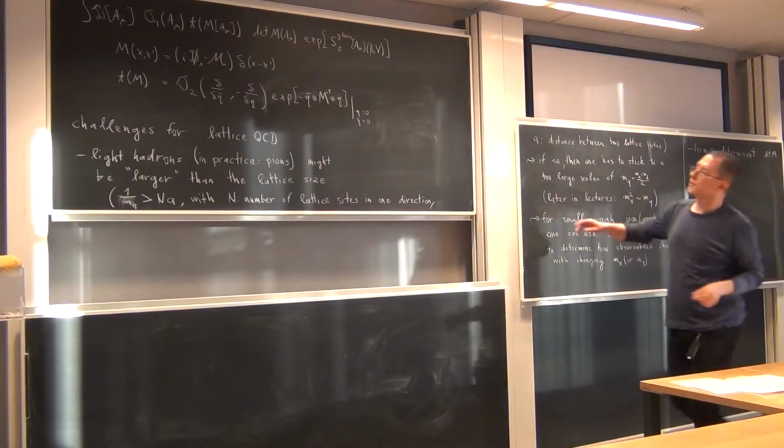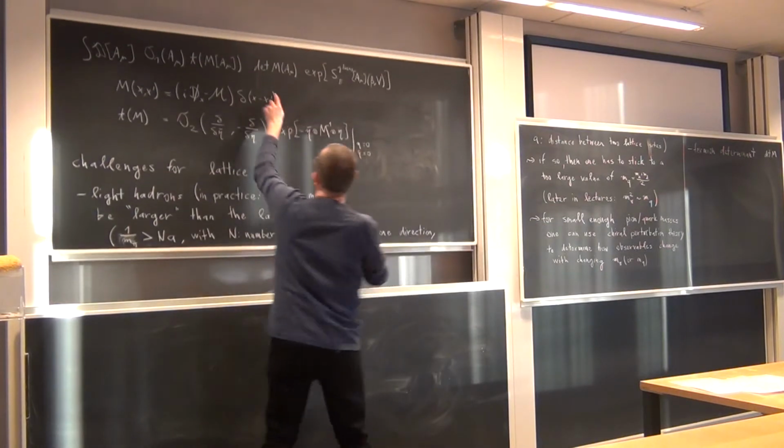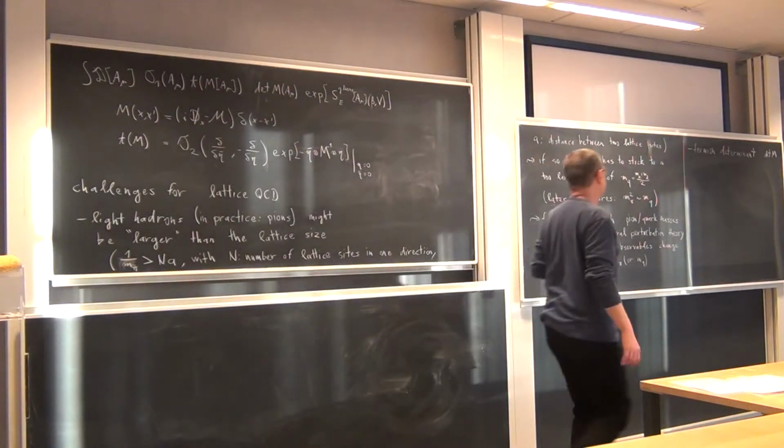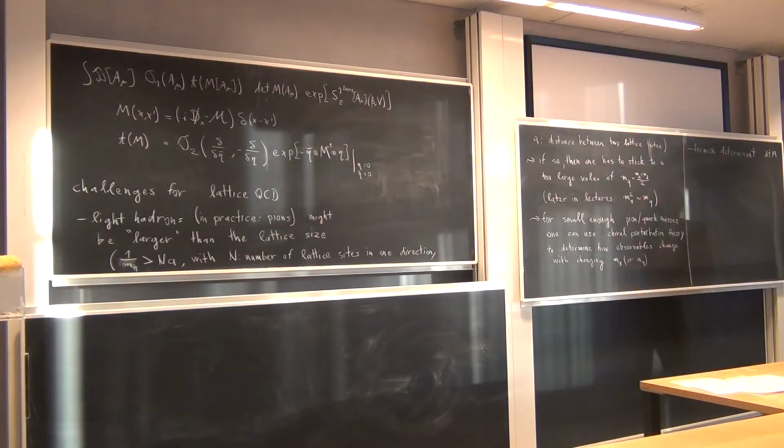Determinant of m, which shows up here. I already argued at the end of the last session that in a determinant one always correlates basically all lattice sides with all lattice sides.